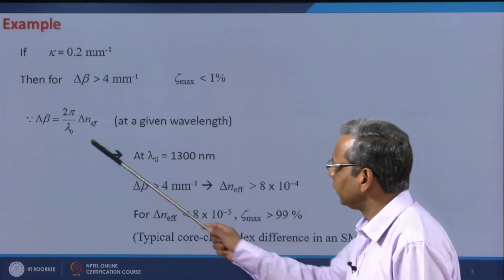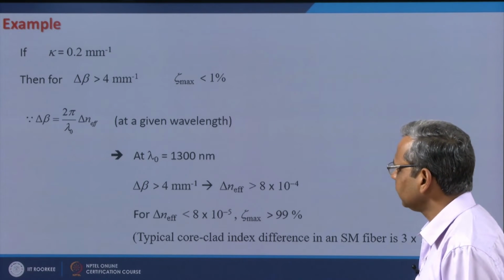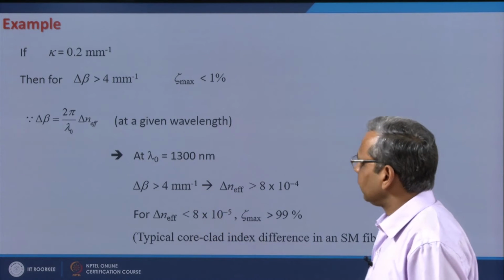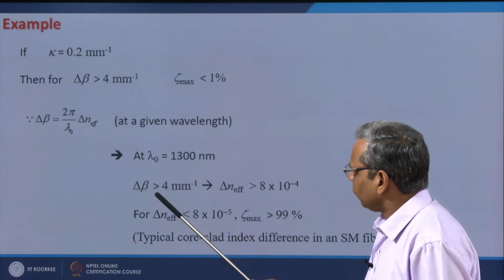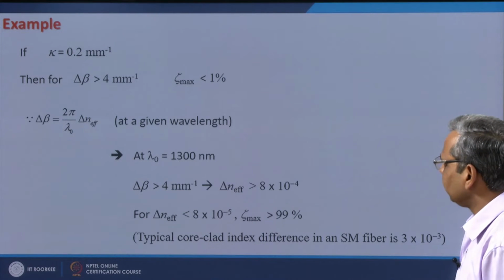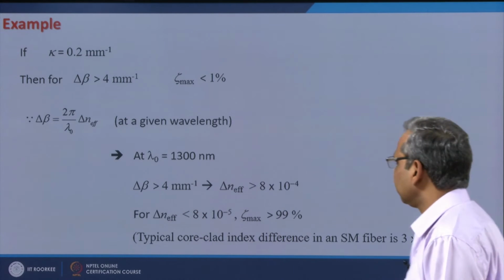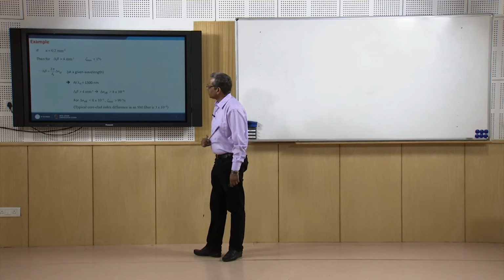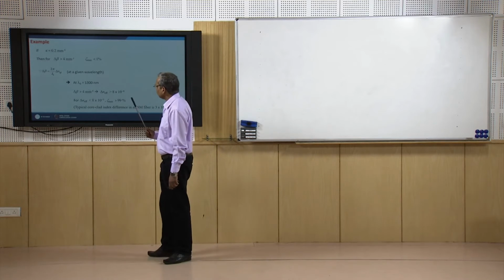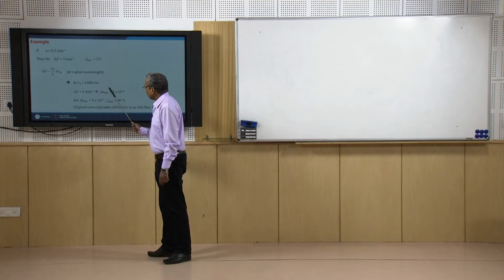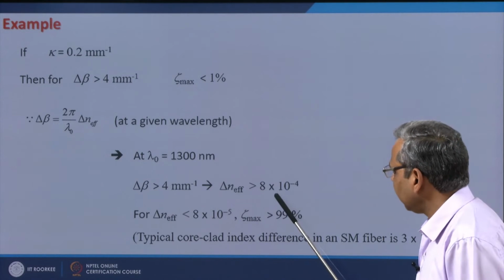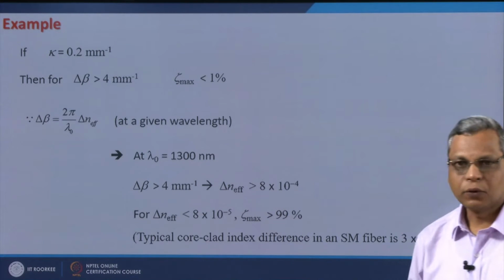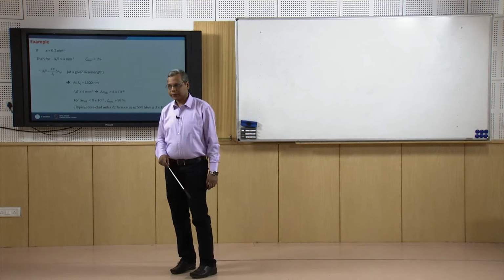So, if I fix a wavelength, let us say 1300 nanometer, then delta beta is 2 pi over lambda naught times delta n effective, and for delta beta equal to 4 millimeter inverse, if I calculate delta n effective from here, it comes out to be 8 into 10 to the power minus 4, which means that if delta n effective is larger than 8 into 10 to the power minus 4, then the coupling of power from core 1 to core 2 would be less than 1%.